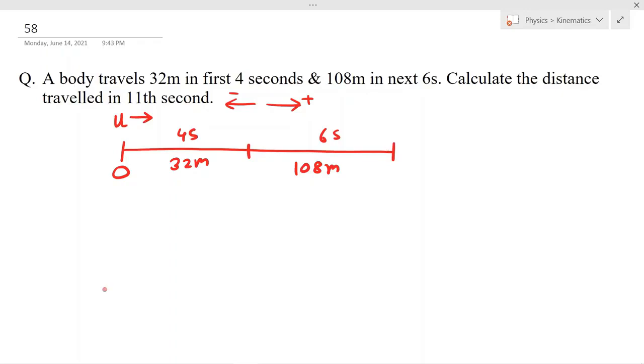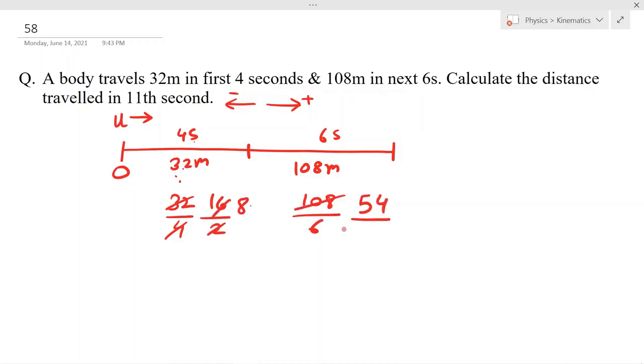Now obviously this is accelerated motion, because if I take the ratio of distance and time here, it will be 32 by 4 and here it will be 108 by 6. So if I do this, 16 by 2, which is 8, this is 8 and this will be 18.